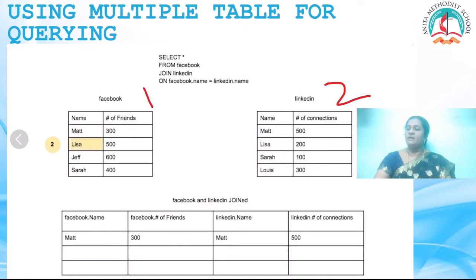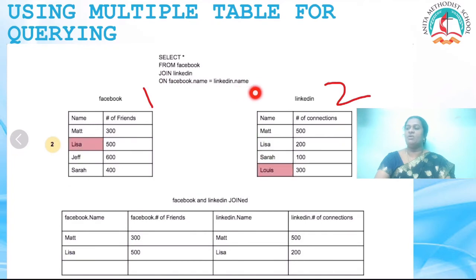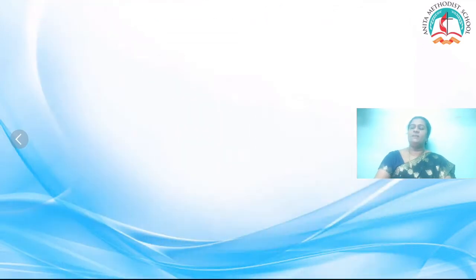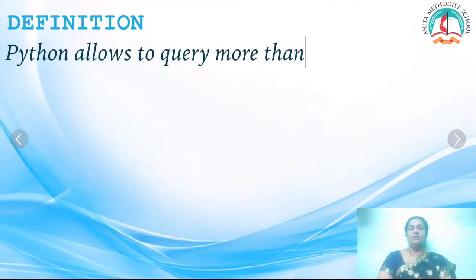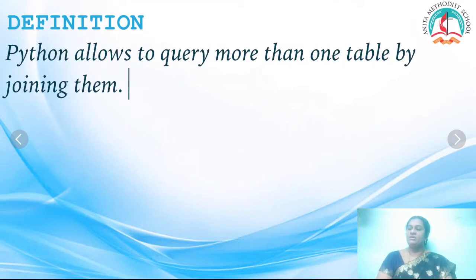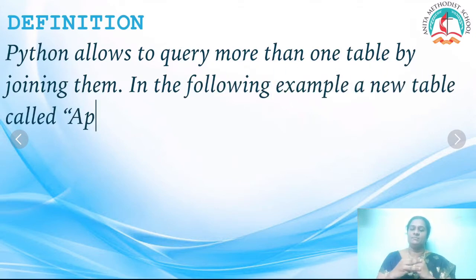Look at the query here. Select asterisk from Facebook join LinkedIn on Facebook name. So you're pulling the data from one table, taking the connection count from another table and joining them together. This is how the data works. Okay. And then let's see a book example. What example is given for us in the book? Before that, let's see a definition for it. See, Python allows you to query more than one table by joining them together.